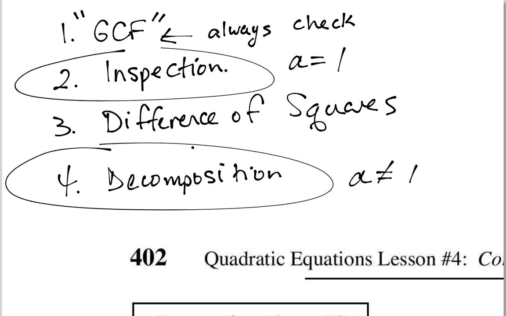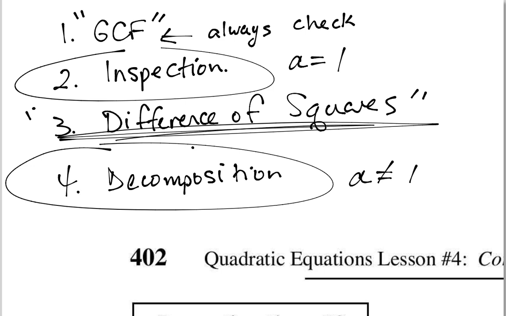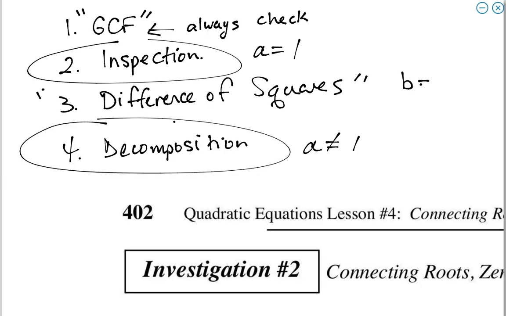And then last but not least, the difference of squares. What are you looking for in a difference of squares? What's up with the middle term? It's not there. So those are the 4 you've got to get super good at. And that way, this last exam should be a cakewalk.